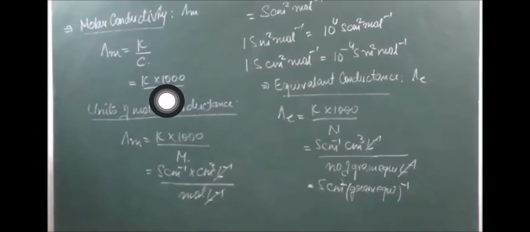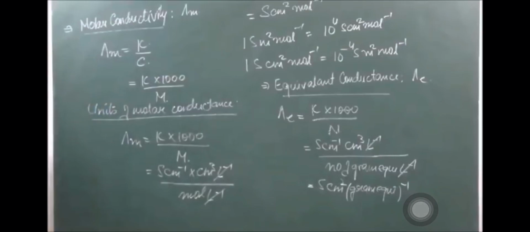There is a very minor difference between lambda m and lambda c: in molar conductivity we use molarity, and for equivalent conductance we use normality. Because of the change in the formula, there is a minor change in the unit also. You need to remember the formulas, and this topic will be carried forward ahead.